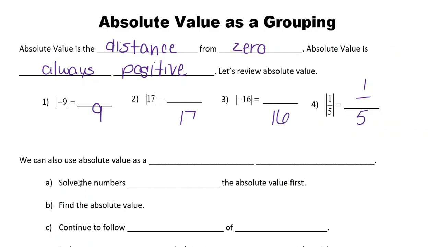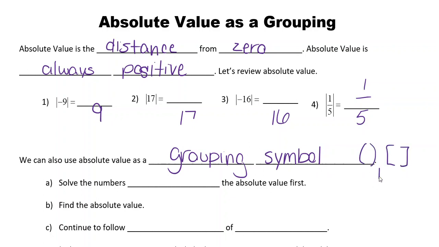All right. So we can also use the absolute value as a grouping symbol. And remember, your grouping symbols are like your parentheses or brackets. Now we're just going to use those absolute value bars.